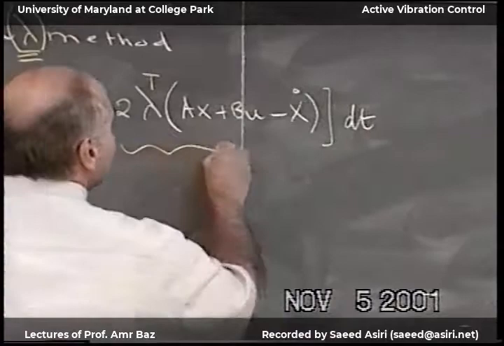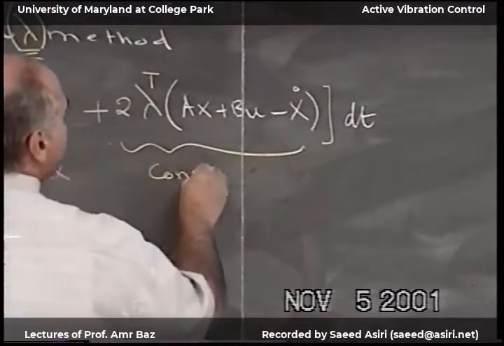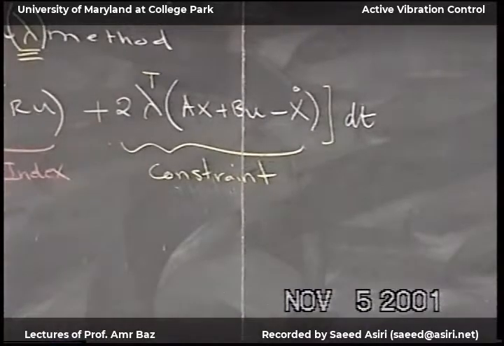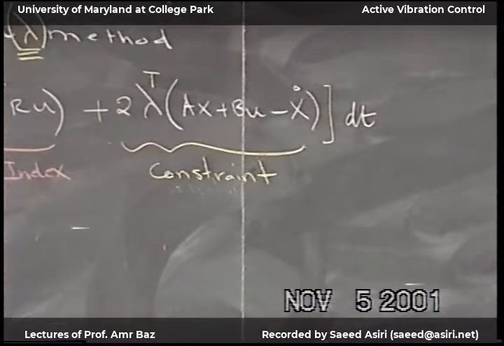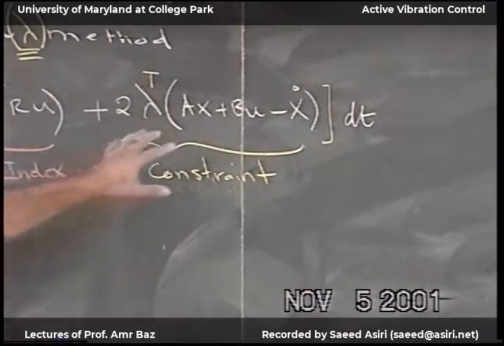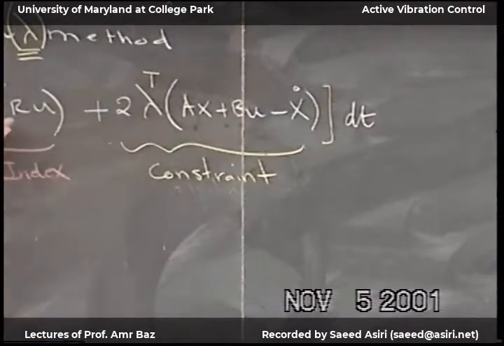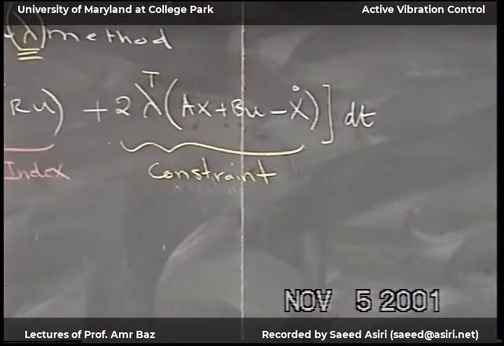So this is the effect of the constraint. If I am satisfying the constraint, satisfying the equation of motion, this term is 0, and this is my performance index. Okay, now I'm going to get del J_A.